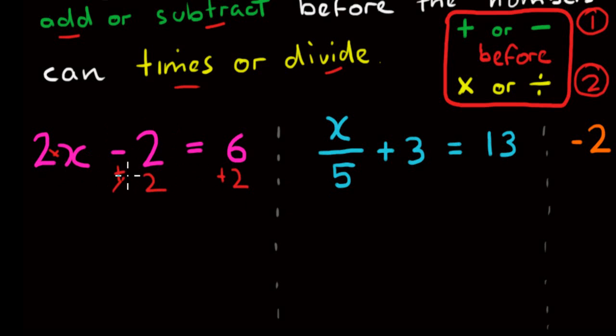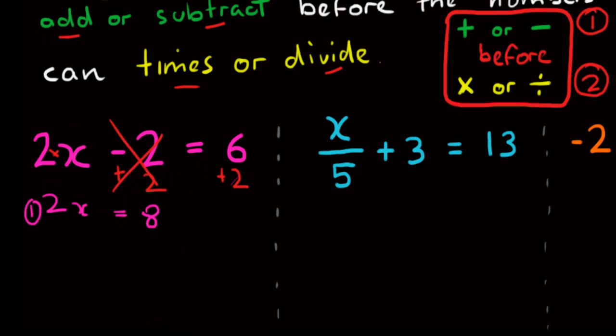Then that crosses out because minus 2 plus 2 is 0. So we have left 2x. Remember, that is 2 times x. And then we have equals 6 plus 2, which equals 8. That's after our first step.